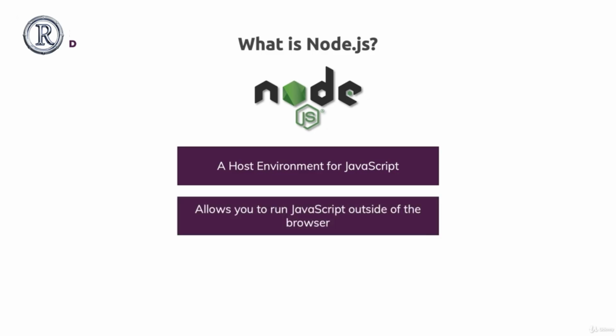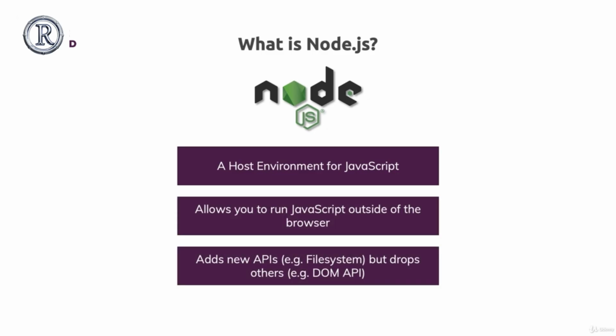So it allows us to run JavaScript outside of the browser, and of course that means that some APIs were dropped. For example, we no longer can interact with the DOM if we're writing Node.js code, because we don't execute the JavaScript code in a browser environment, and therefore there is no DOM. But new APIs are available. In the browser, for example, you can't really work with the file system. For security reasons, you can't store files on the system of your users or read files from there.